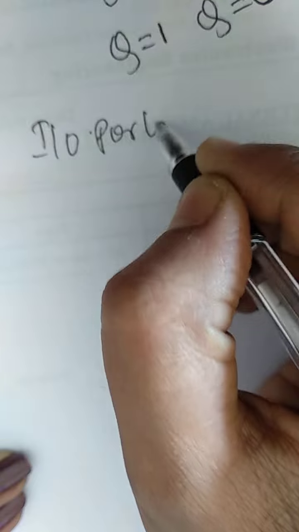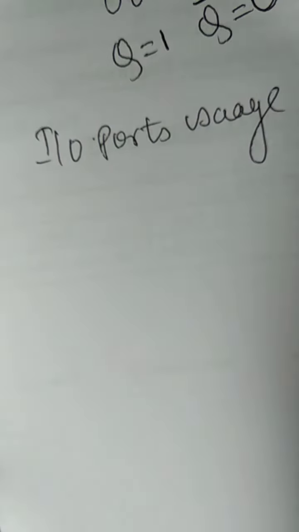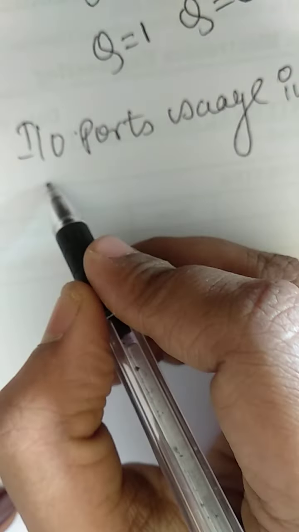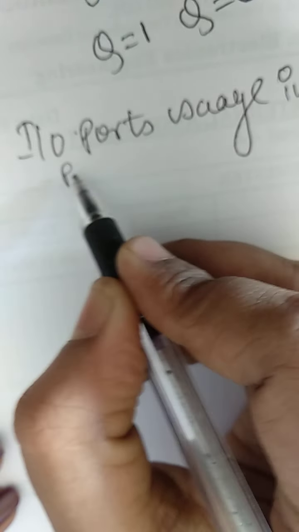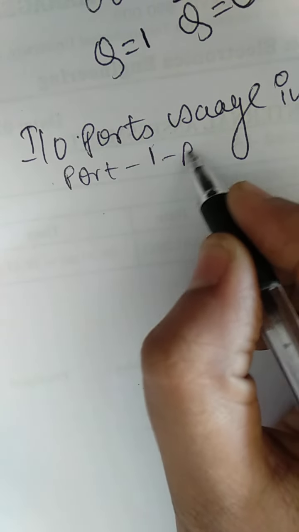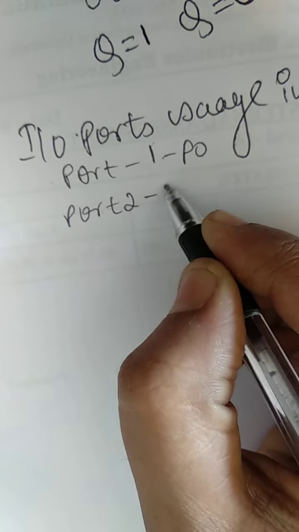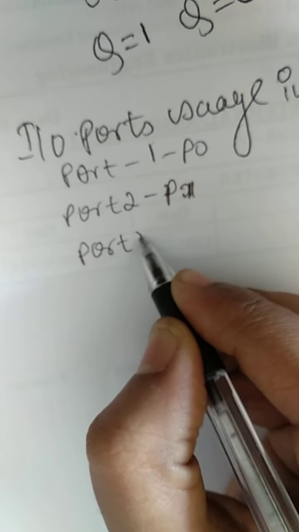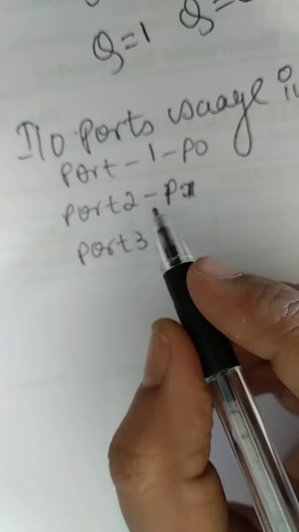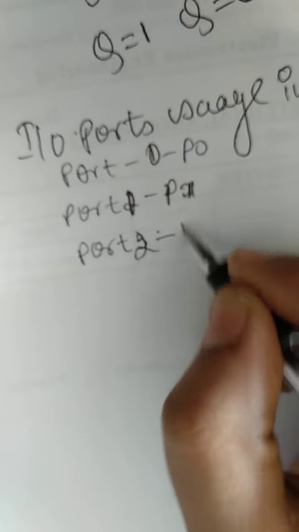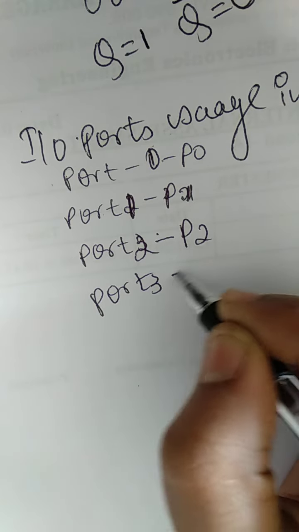These are port 0, that is P0, port 1, that is P1, port 2, that is P2, and port 3, that is P3.